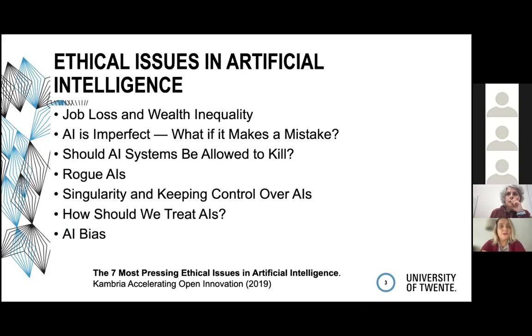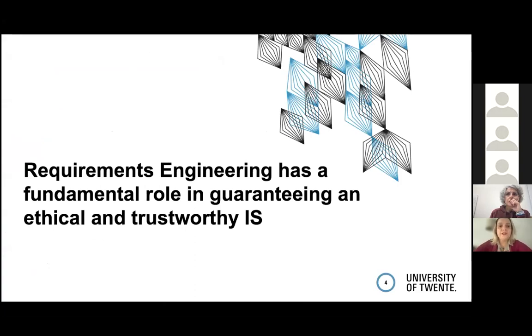And for this kind of non-functional requirements, not only do we need to have some methodological support, but we need to realize more than anything that these are problems of requirements engineering. So we hear a lot about AI systems, are they going to serve their purpose or not? Requirements engineering has this fundamental role in guaranteeing ethical and trustworthy information systems. It's funny that people talk about these issues without realizing that this is a requirements engineering problem, right?